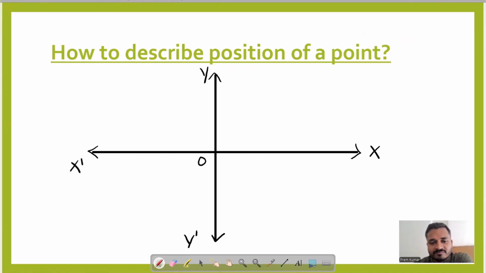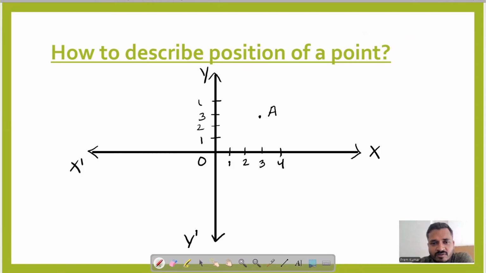I hope it is clear, right? Now see here, suppose I am having a point here. This is point A. So how to describe the location of this point? So for describing that, see here, we have something like this on the x-axis and something like this on the y-axis.